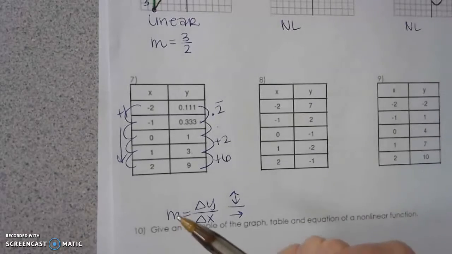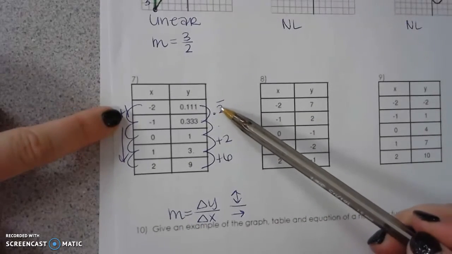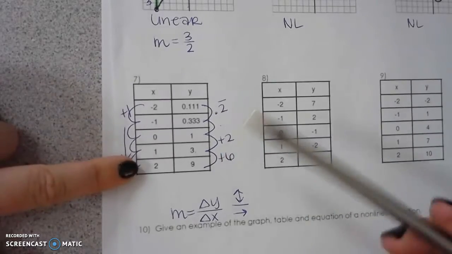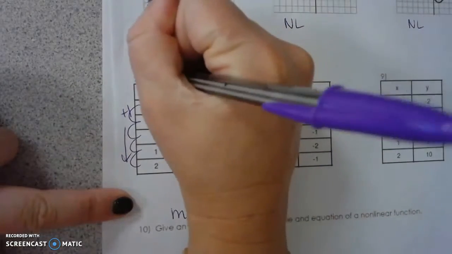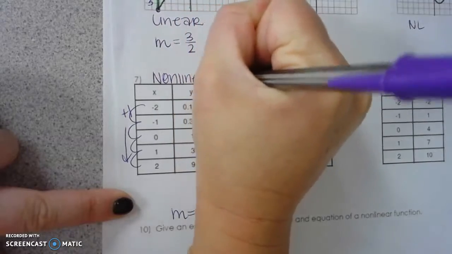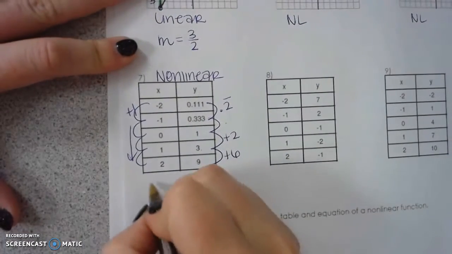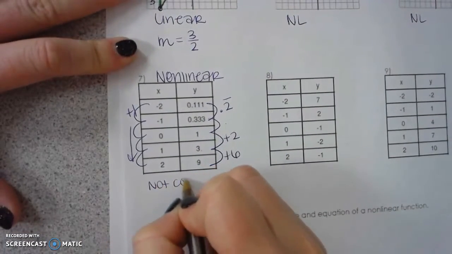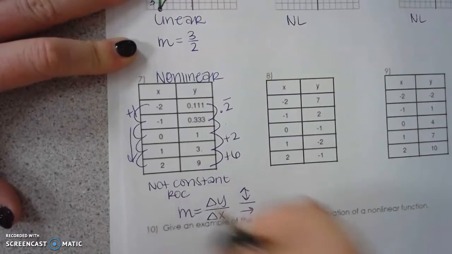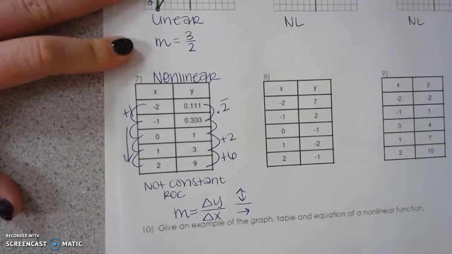But for linear, nonlinear, you have to make sure that your slope is consistent throughout. And since this is not, then it is nonlinear. Okay, and we can just say not constant ROC, rate of change, slope.